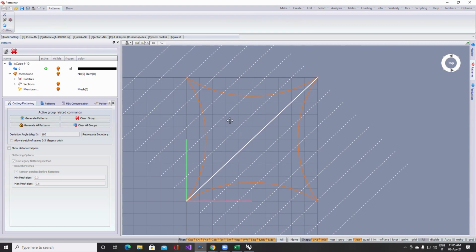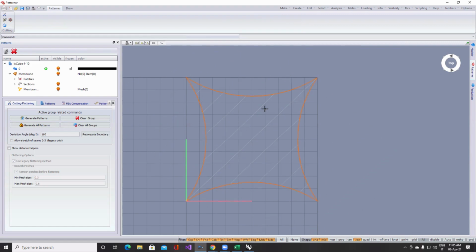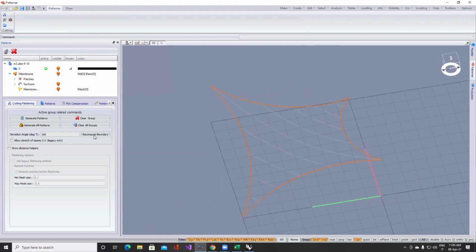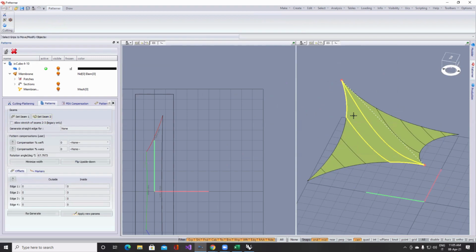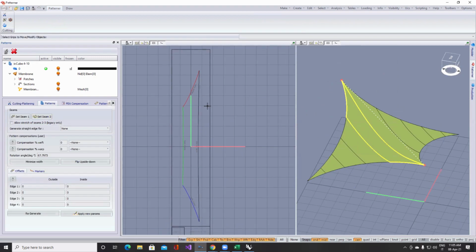So first of all, we make these geodesics, and we have made these geodesic curves. Now I want to generate the panels out of these curves. So we just click on the tool, generate patterns, and you see here, it has generated these patch elements, and the patch elements have been flattened on the ground into panels.